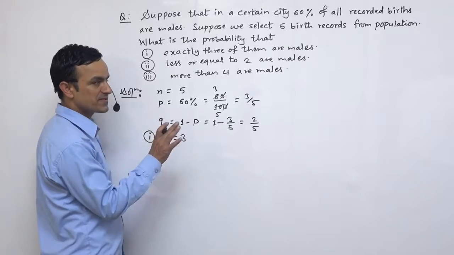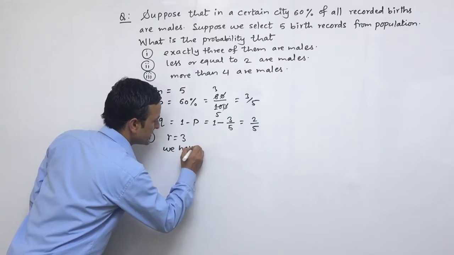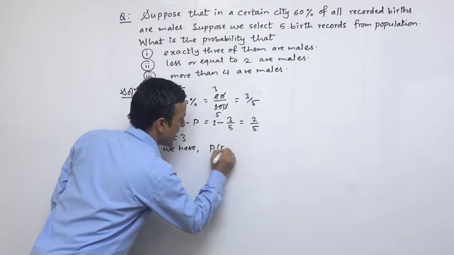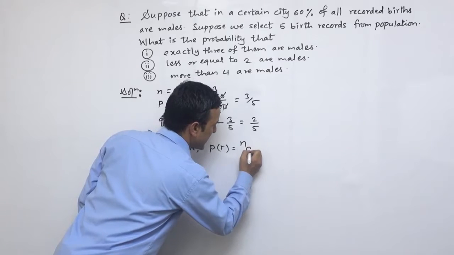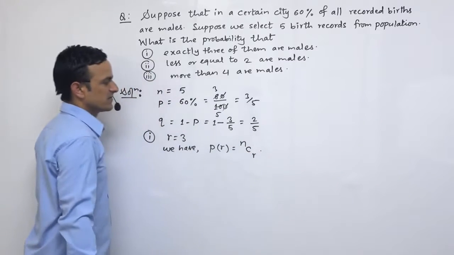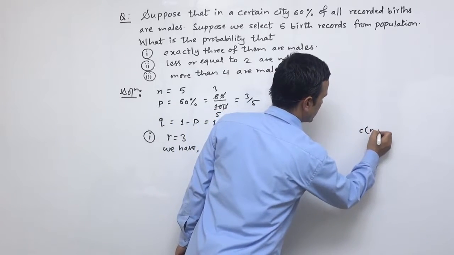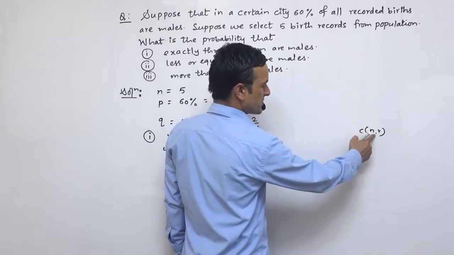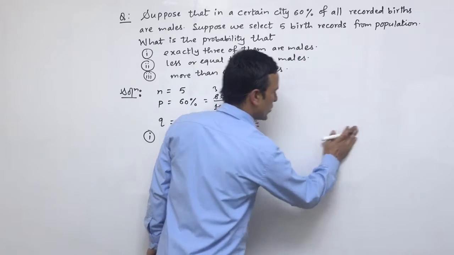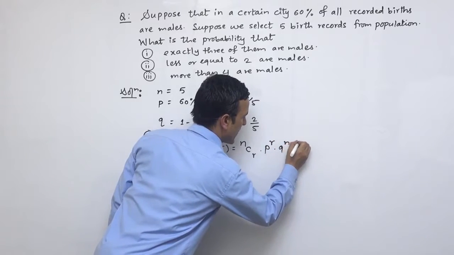That means the number of successes. This is the formula: P(r) is equal to, also we can write like this, nCr p power r, q power n minus r.